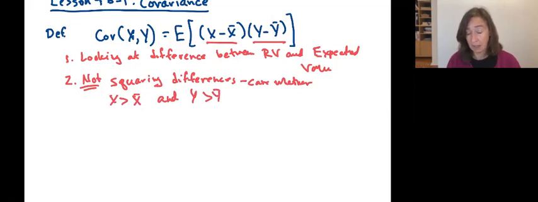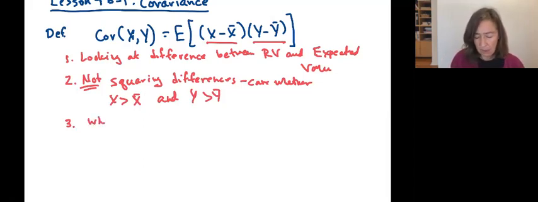That's a really important thing for the covariance. So we're just taking the product of the simple differences, or you might even say the signed distances there. And we're taking the product. Okay, so let's think about what that means.